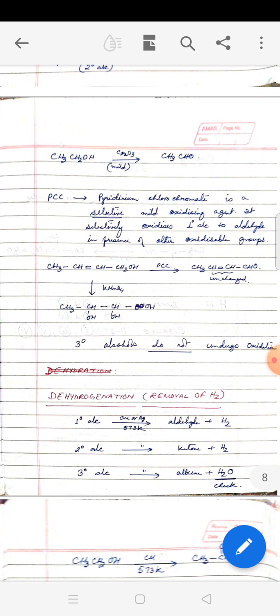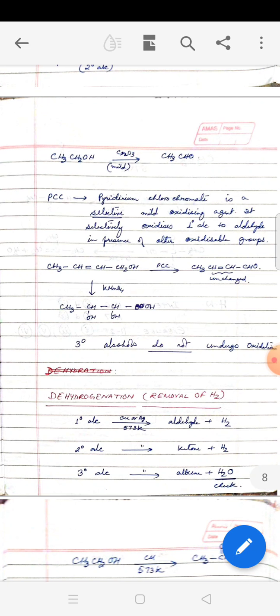So in oxidation we are removing hydrogen, in dehydrogenation also we are removing hydrogen. Of course the reagents are different, and the byproduct in oxidation will be water and in dehydrogenation is hydrogen. And the interesting aspect of dehydrogenation reaction is it stops the reaction at the aldehyde and ketone stage. There is no scope that it will further get oxidized.